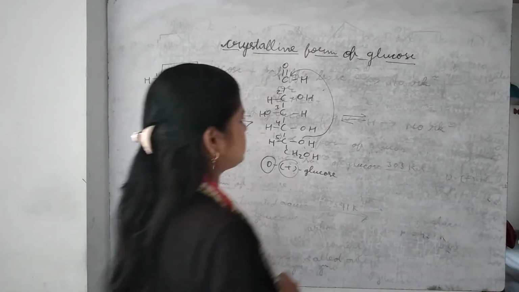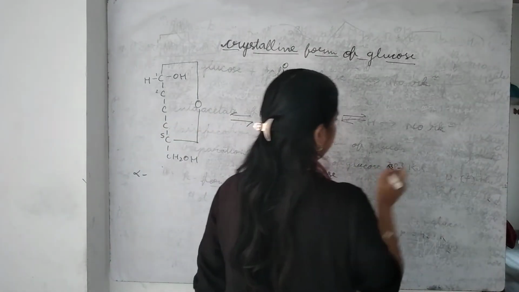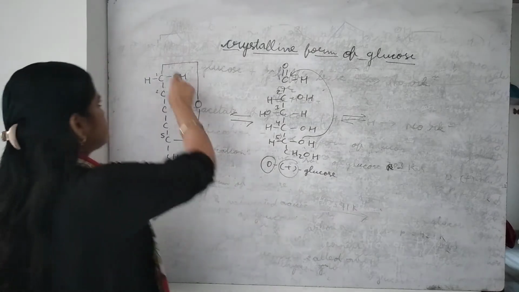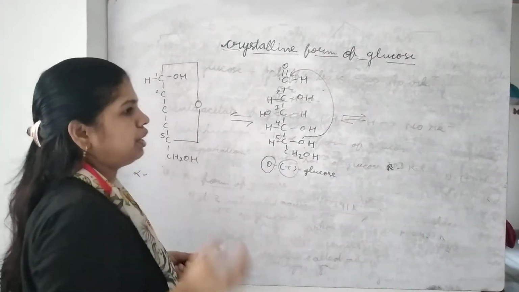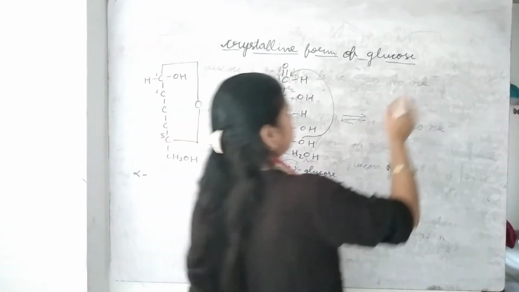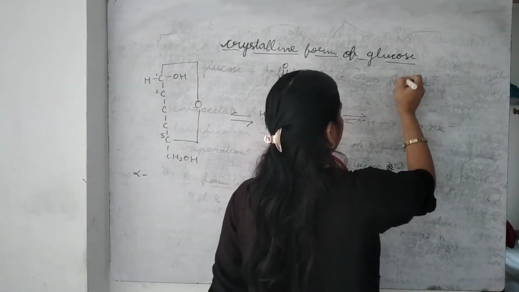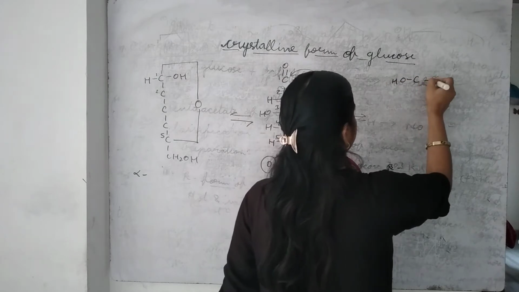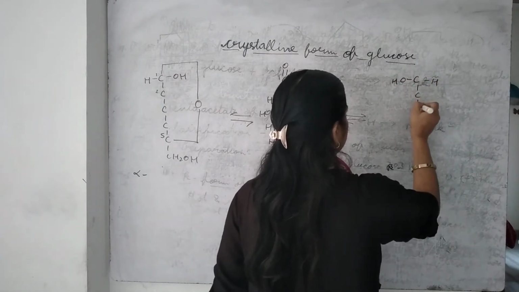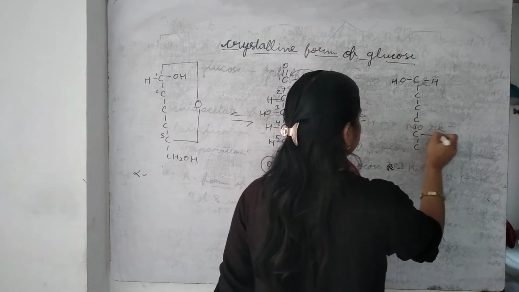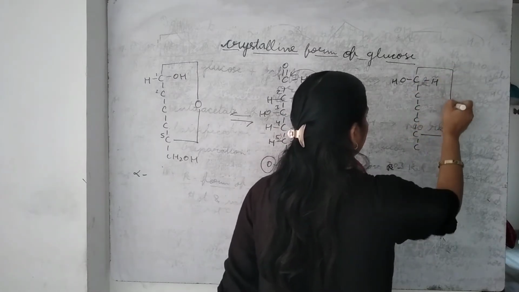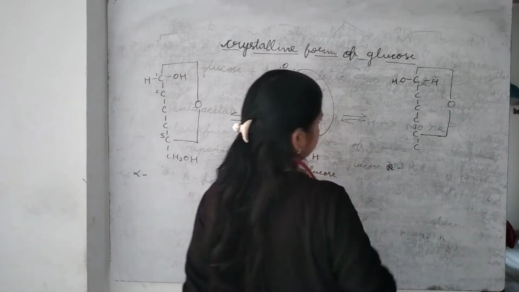Now this side is the beta form. In the beta form there is only one difference. This OH which is on the right hand side of the first carbon atom will be on the left hand side of the first carbon atom. That means this side, and here there will be hydrogen. Again we have 6 carbon atoms. This is the fifth one. Over here it is bonded to oxygen.